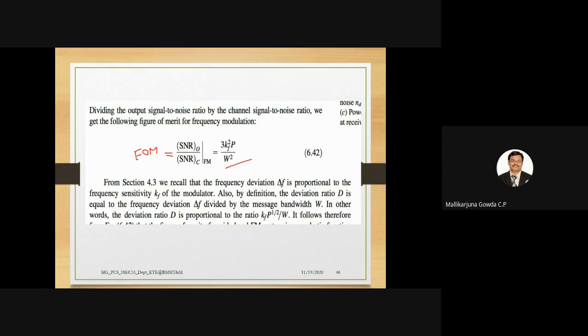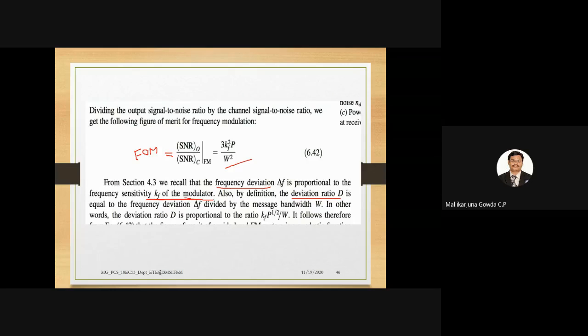Okay. So just to generalize, what we say is the frequency deviation delta f will be proportional to the frequency sensitivity K_f of the modulator. We know this already. And even the deviation ratio we have defined. What is that?